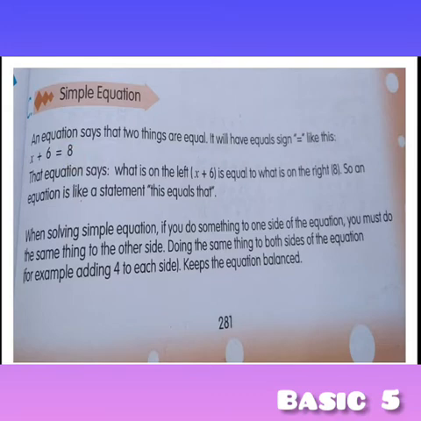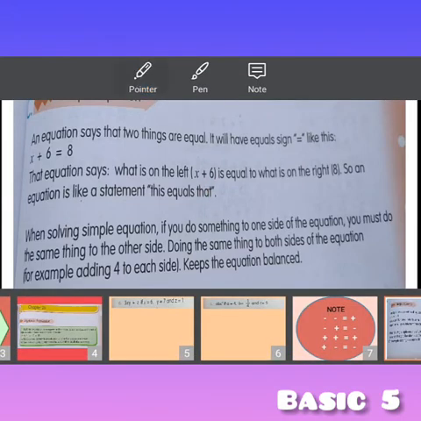That means whatever is on the left side equals what is on the right side. So when solving simple equations, if you do something to one side of the equation, you must do the same thing to the other side. Doing the same thing to both sides of the equation, for example, adding 4 to each side, keeps the equation balanced. That is what makes a simple equation.